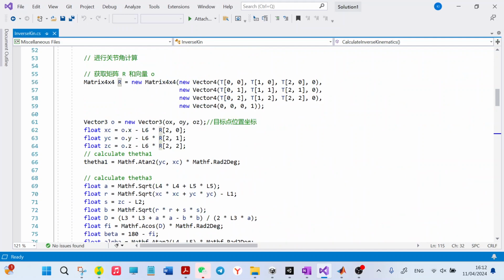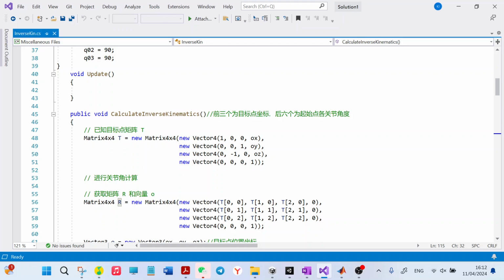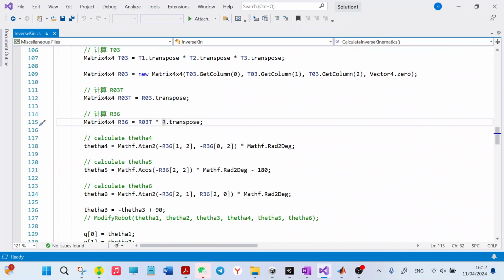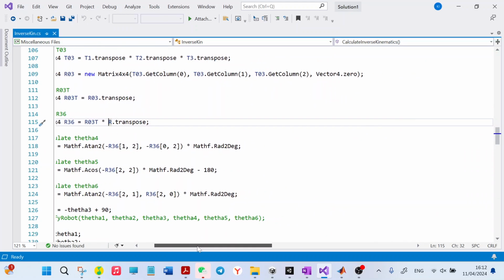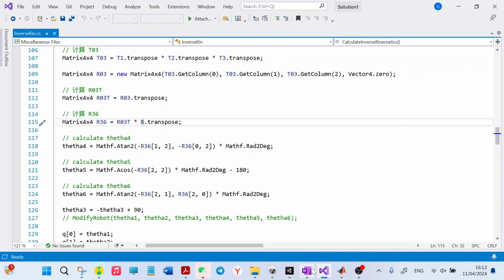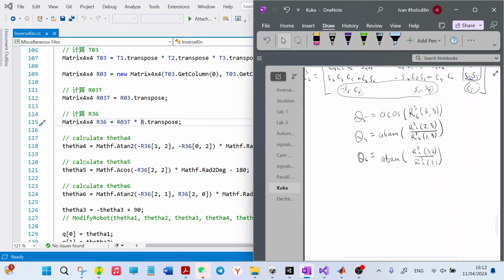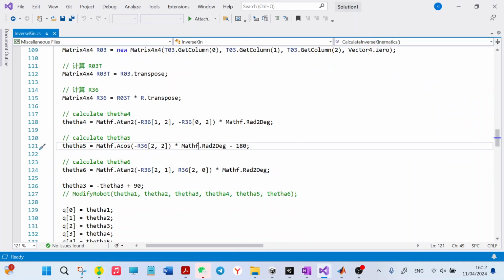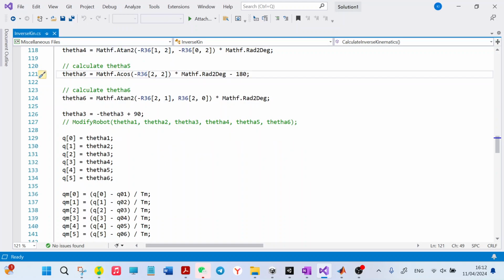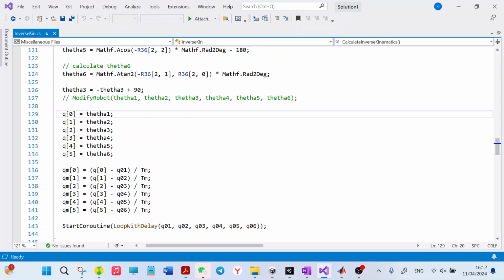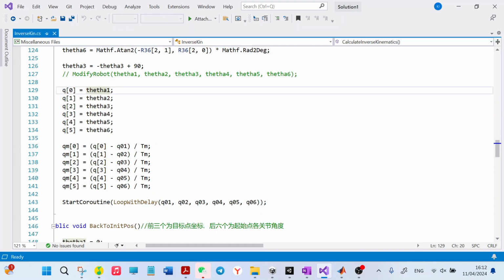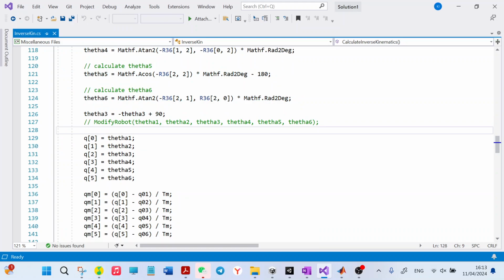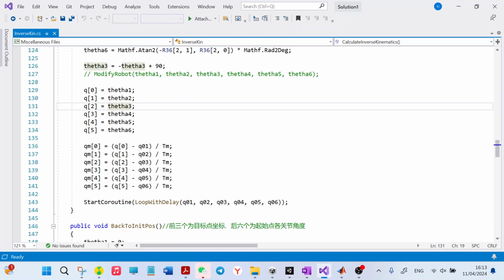This R is also known for us. That's how we want to rotate the end effector. And from here, based on the formulas we explained before, we find theta 4, theta 5, theta 6 with the same formulas. Once we found all this, we calculate the trajectory. So here we just calculated inverse kinematics, and this part calculates the trajectory. These are our angles.